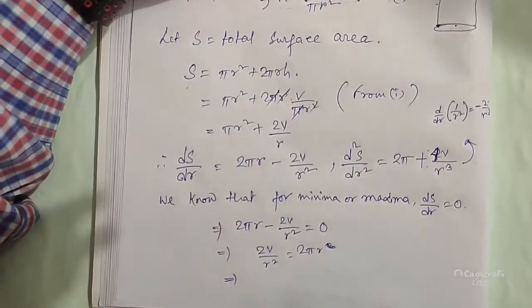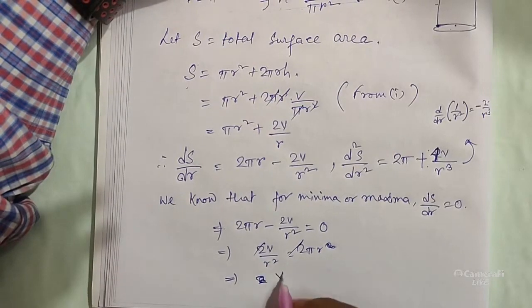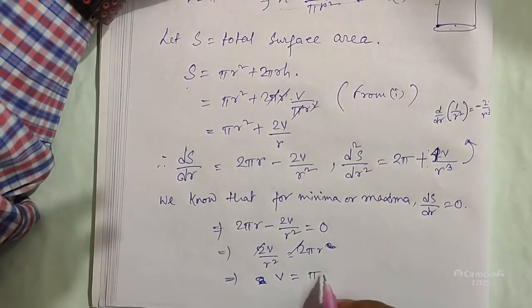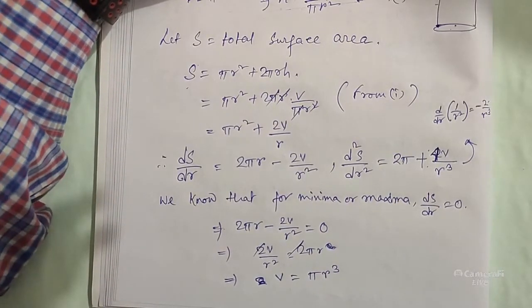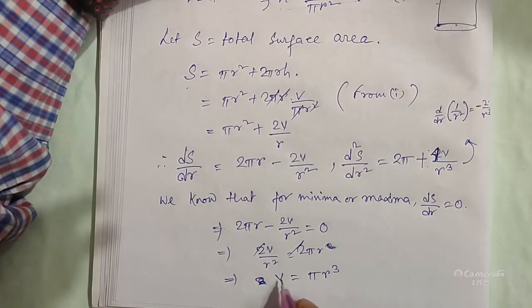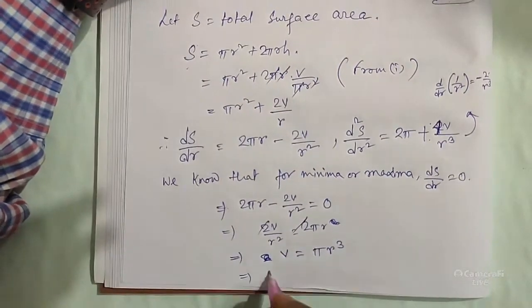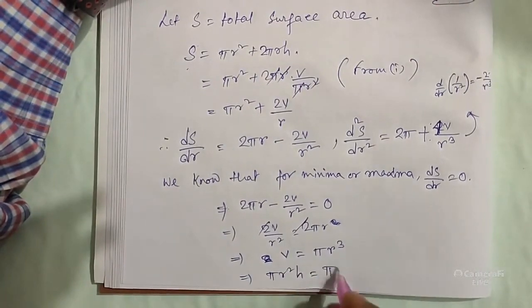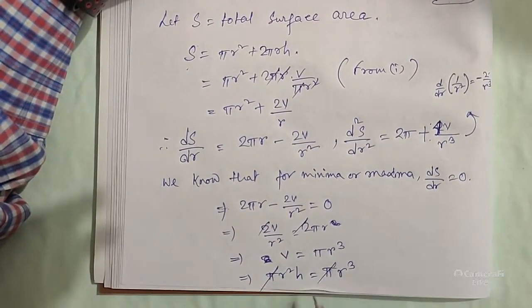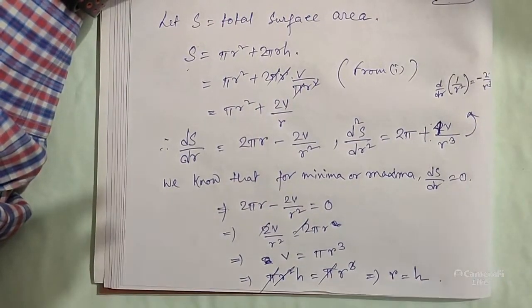That means 2 cancelled, so we are getting V equals pi r cube. Now if we put V equals pi r square h, then pi r square h equals pi r cube. Here pi cancels, r square cancels, so this gives us r equals h.